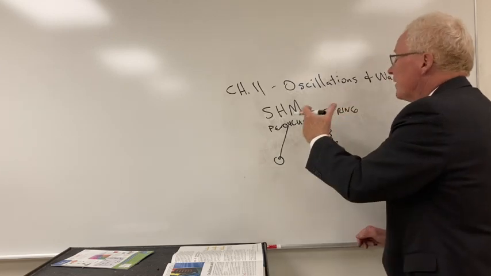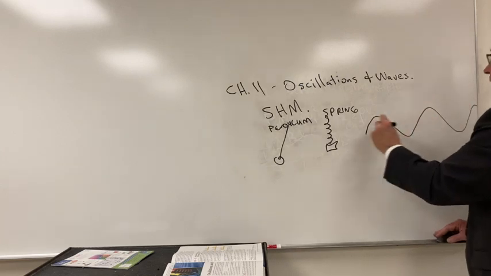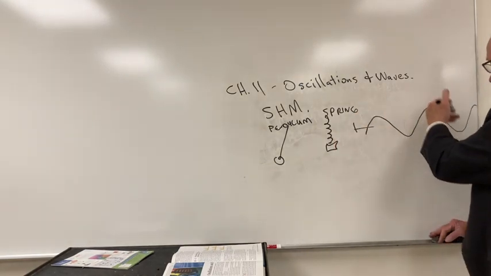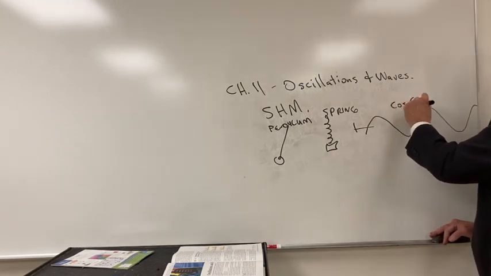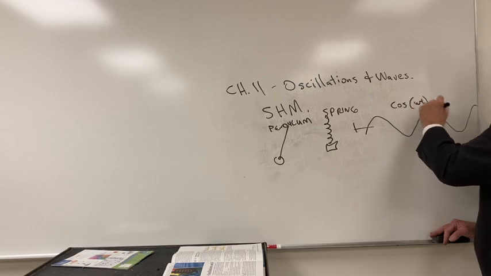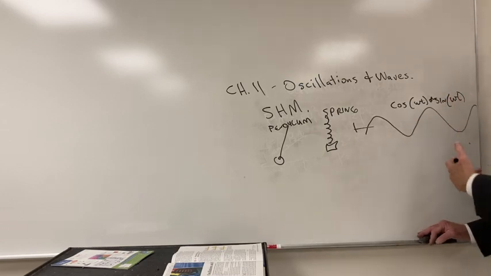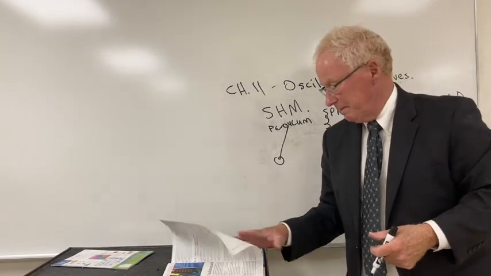Both of those have periodic motion, meaning if we look at the amplitude versus time, then the amplitude follows a cosine or sine function, given by cosine omega t or sine omega t. So it has a periodic pattern, similar to a sine and cosine.